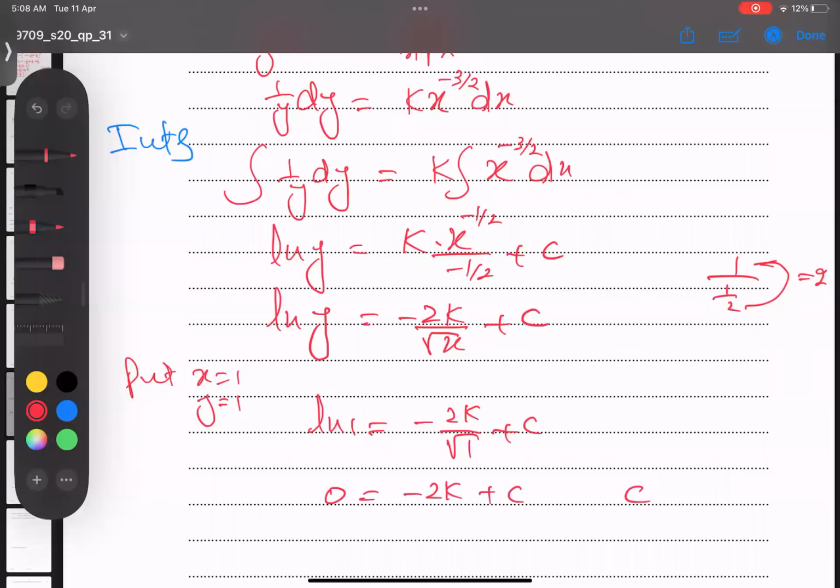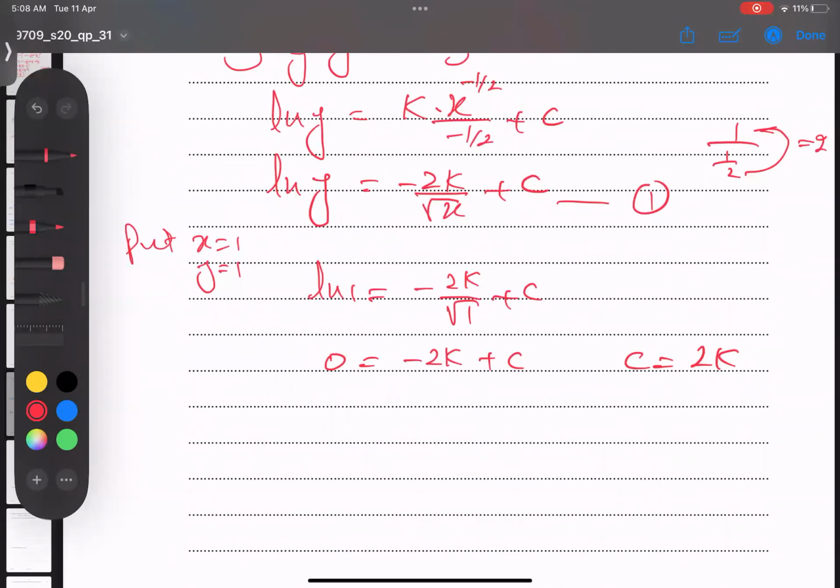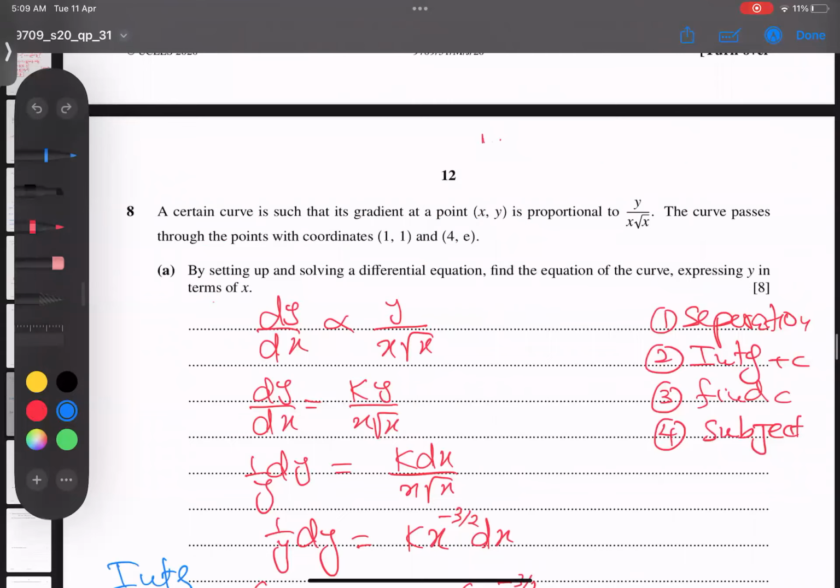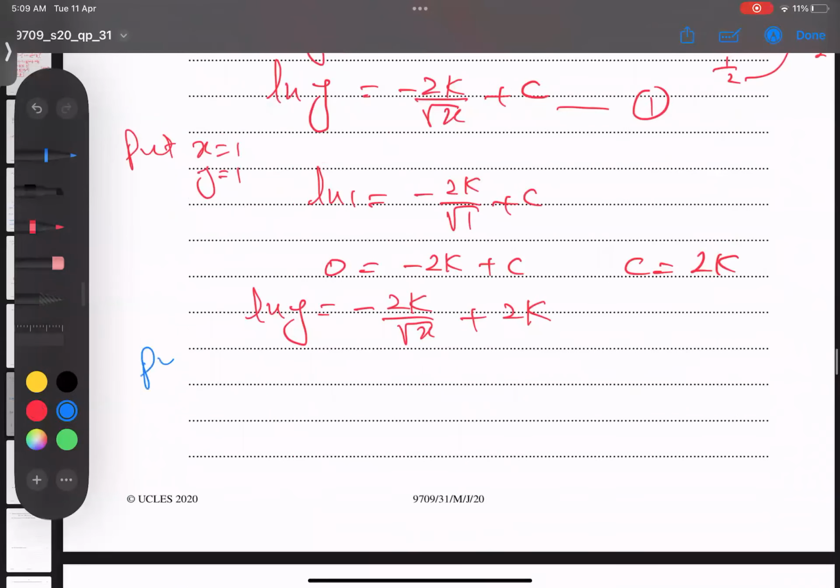This value I plug back here, equation number 1. So when I plug in there, I get ln y equals to -2k over root of x plus 2k. So c is gone. Now I'm going to plug in the second point, which is (4, e). So put x equal to 4 and y equal to e.